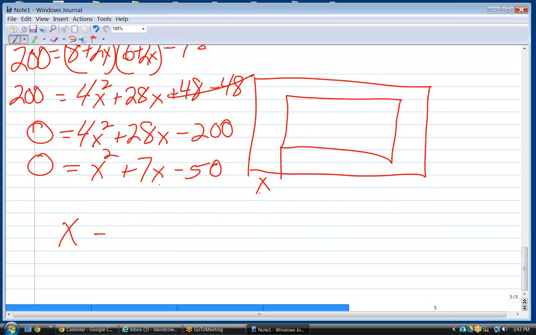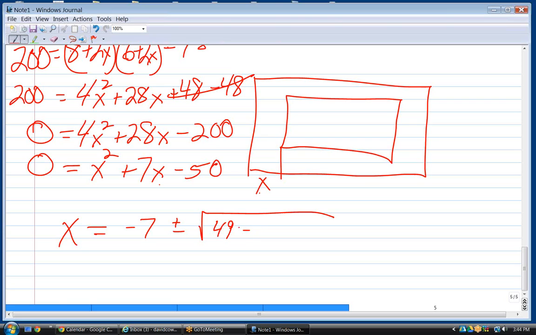Okay. So A equals 1, B equals 7, C equals negative 50. Okay. So negative 7 plus or minus the square root of 49 minus 4 times minus 200, all over 2.